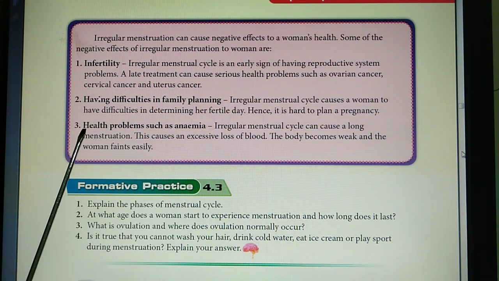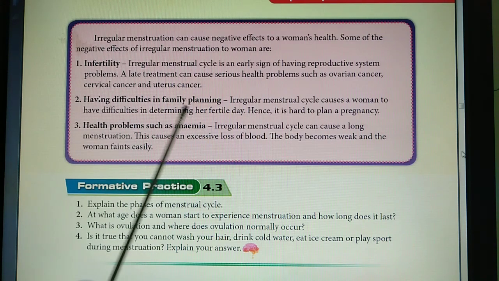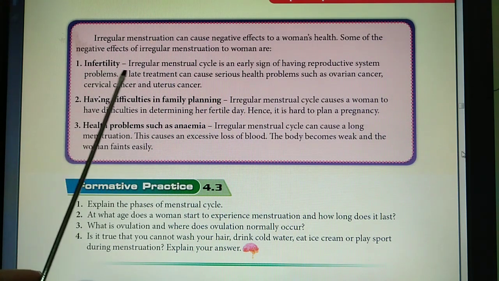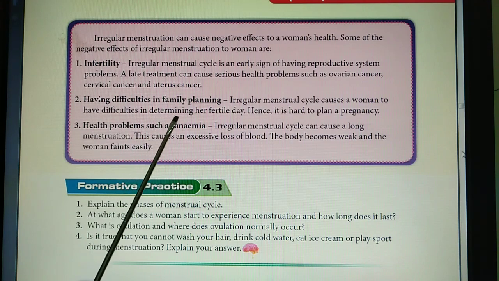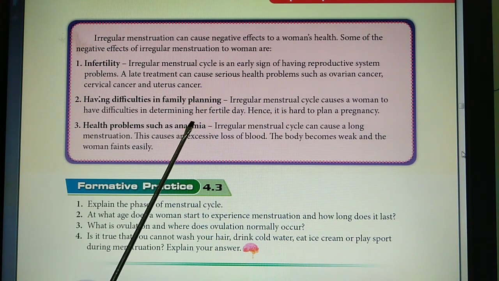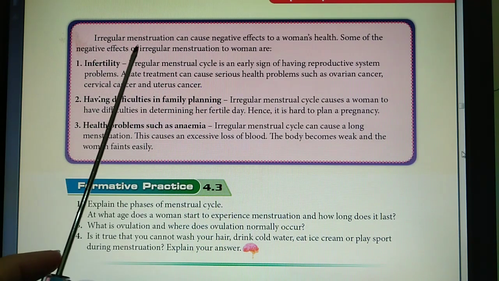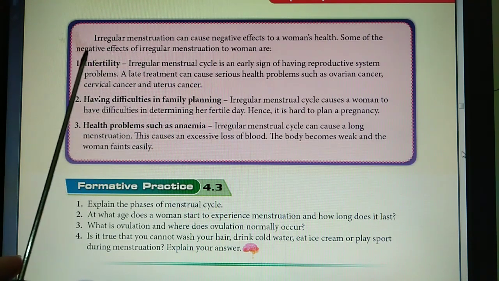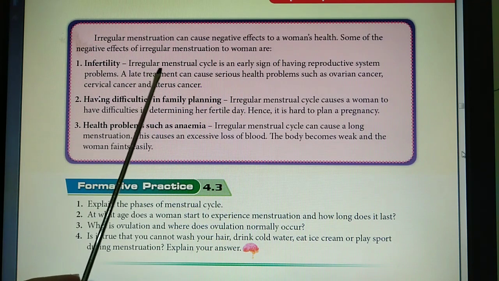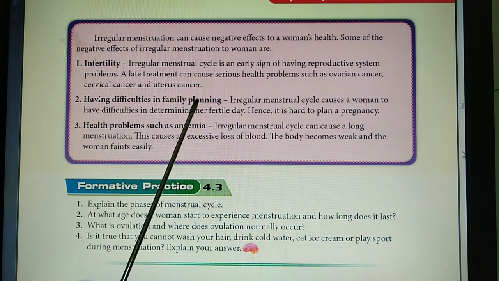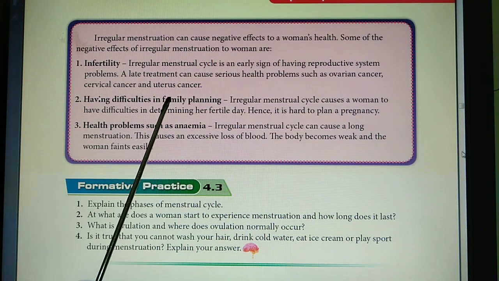And the third is health problems such as anemia. These are 3 among the effects of irregular menstruation. So please, if you have irregular menstruation as stated before, go to the doctor to ask for advice.